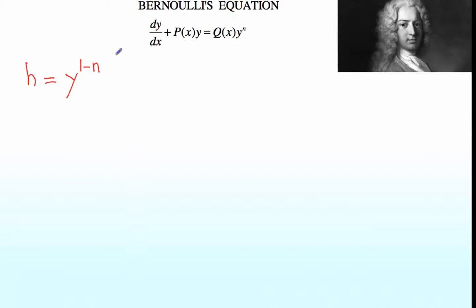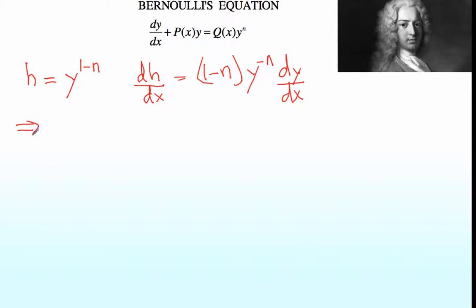In which case, if we want an equation for dh by dx, we'll have to differentiate this. So write this as dh by dx. We differentiate first with respect to y, get 1 minus n into y to the minus n, and then we have to differentiate y with respect to x. So that gives us, obviously, dy by dx is 1 over 1 minus n y to the power n dh by dx.